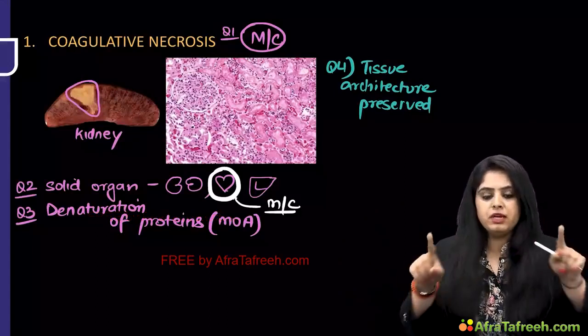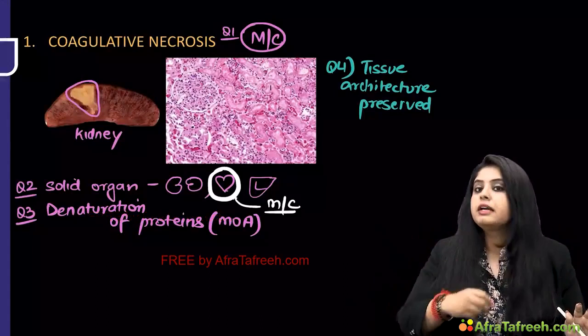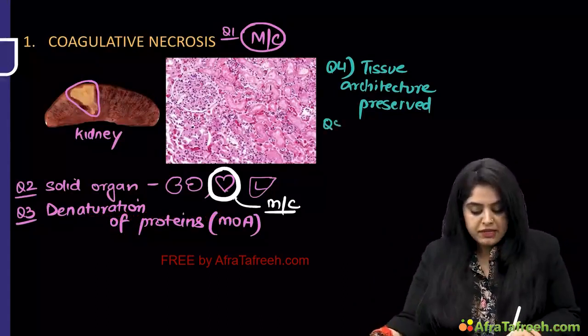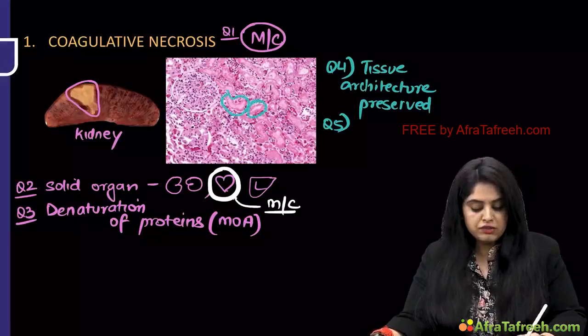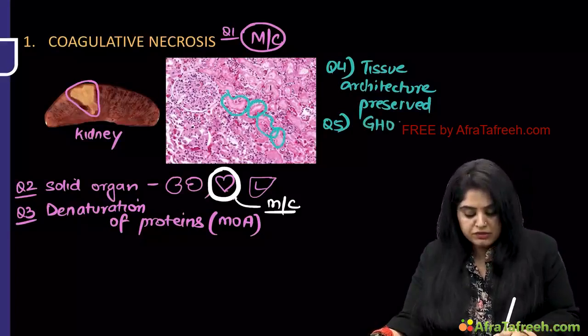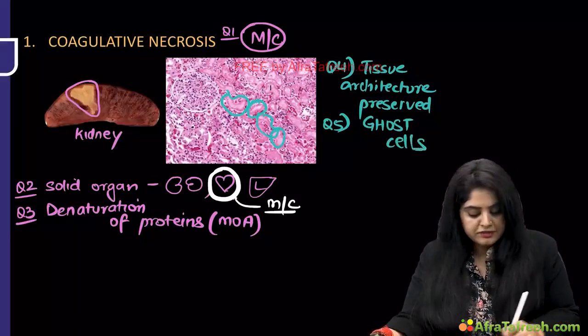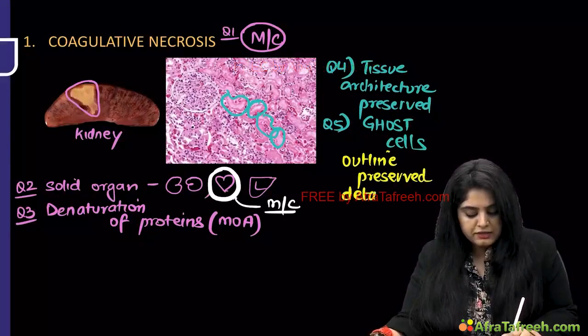So broadly it's some kind of human being architecture that I can see, but I can't see the details. That is why I say tissue architecture is preserved. Overall, I'm seeing some round structures, but I don't see what those structures have. So basically, these are known as ghost cells. Ghost cell definition: the outline is preserved and the details are lost.